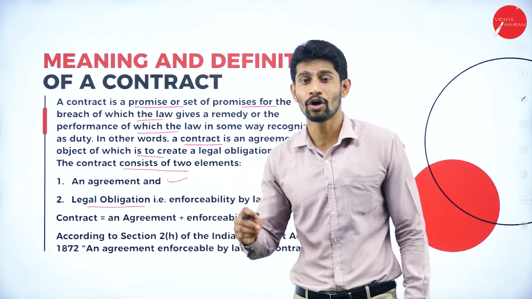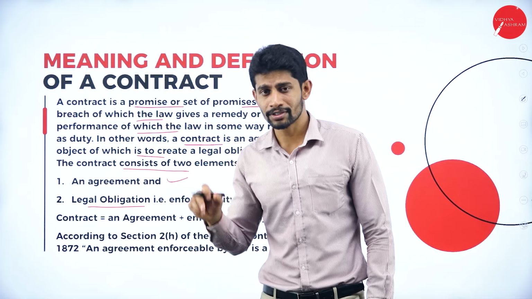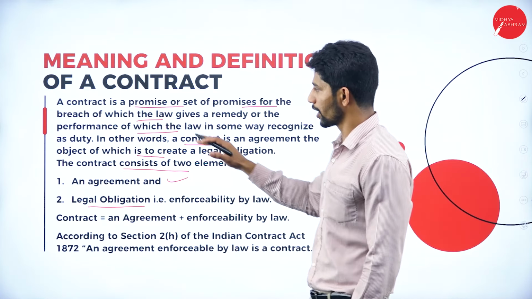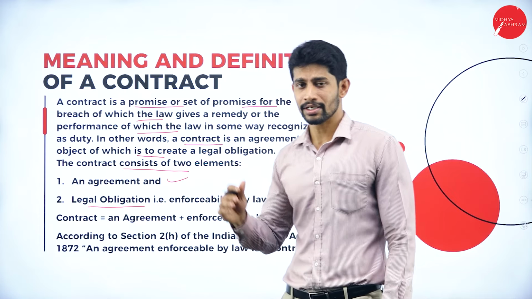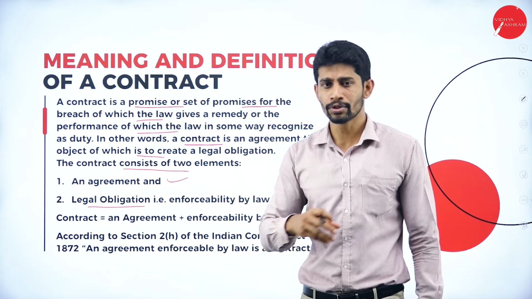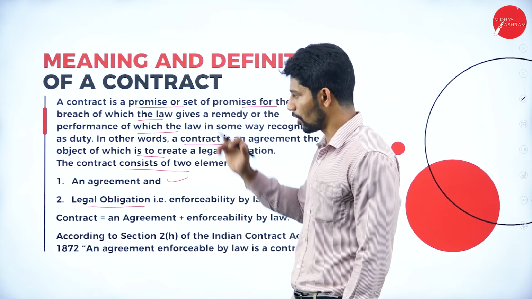They'll have the legal obligation to perform because they are in a contract with the rules and regulations formed by the Contract Act. So a contract is nothing but an agreement between the two parties where the parties will be bound to perform the rules and regulations formed under the Contract Act.